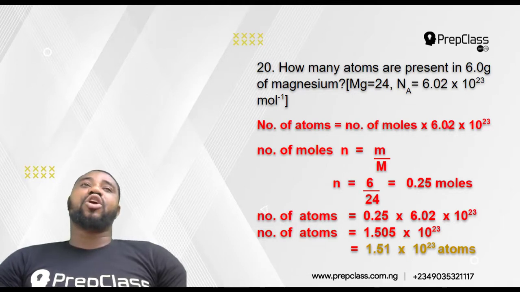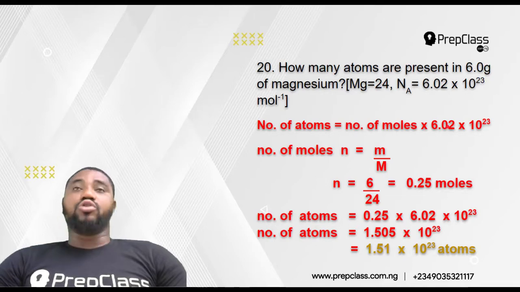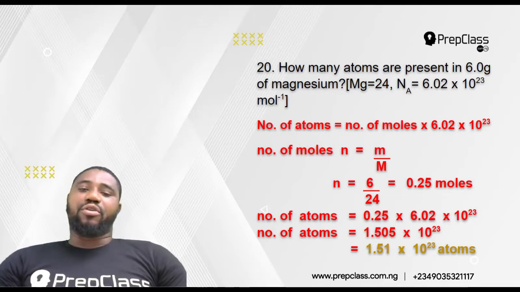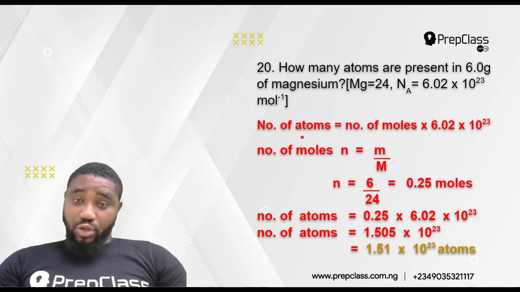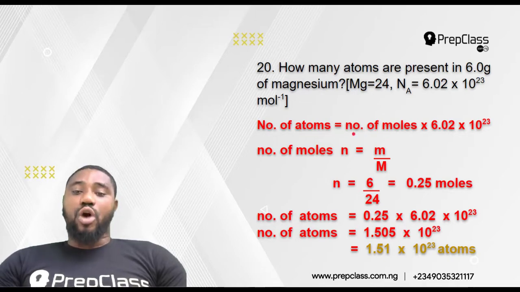When they ask you to find the number of elementary entities, number of particles, number of molecules, the formula is number of atoms or particles or molecules or elementary entities equals number of moles times Avogadro's constant. That's 6.02 times 10 to the power 23.